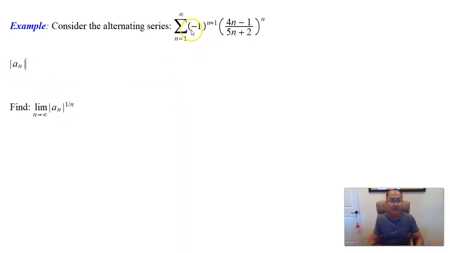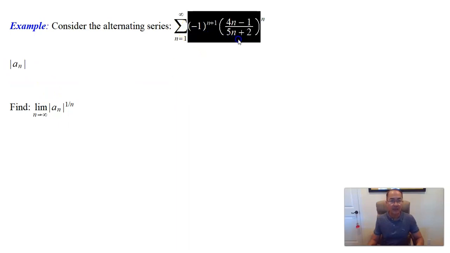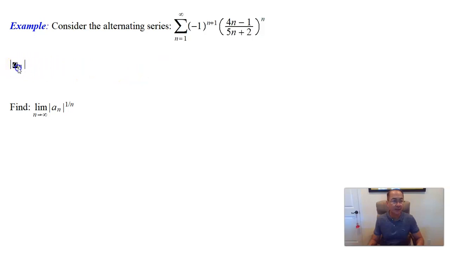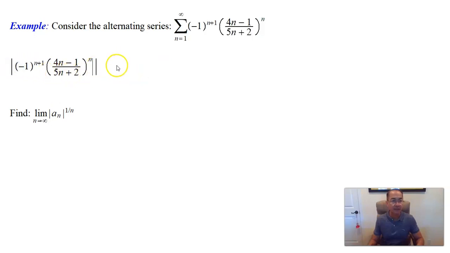So when we do that, I almost feel silly doing this step, because when you take the absolute value there, all we do is get rid of the minus 1 to the n plus 1. Okay, so we're going to get simply 4n minus 1 over 5n plus 2 to the power n. And of course, let me label what we just did.